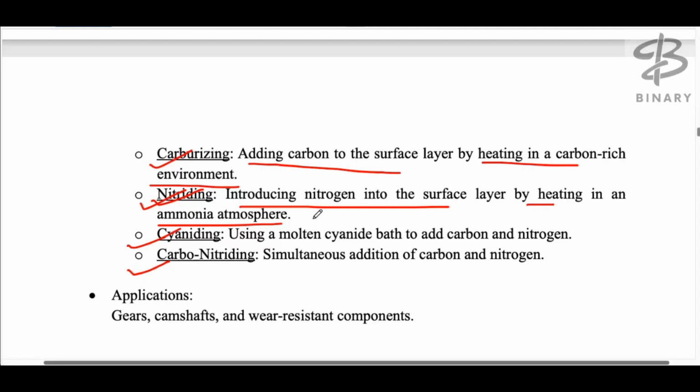The incorporation of nitrogen has been done only on the outer surface of that material.